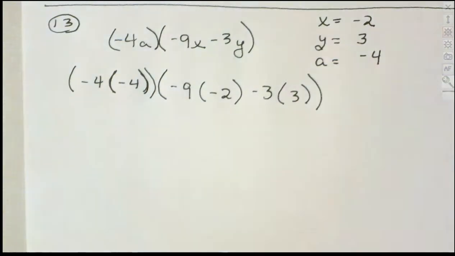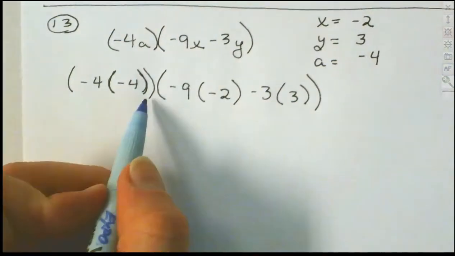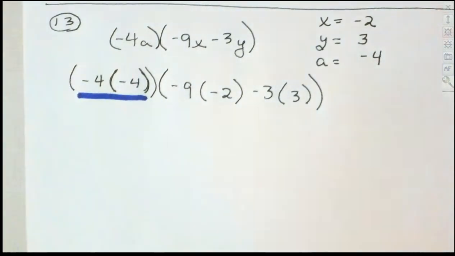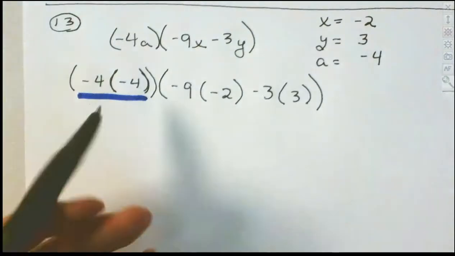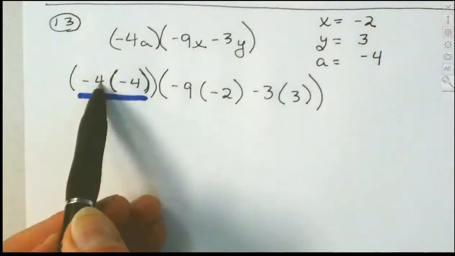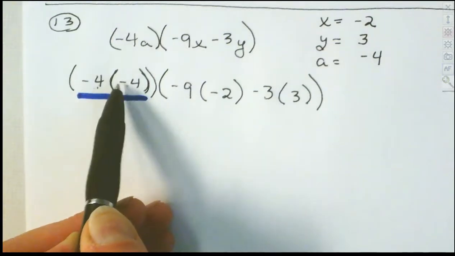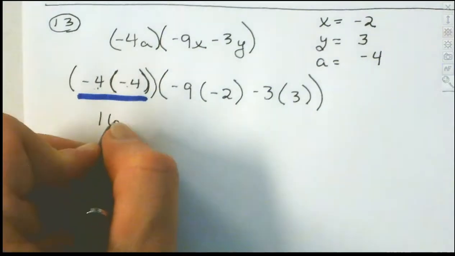Okay, we're going to do the first set here first. So we're going to work from left to right. And this is the first set of parentheses. Negative and negative makes that then a positive. So the first set we would multiply. Negative and negative makes it a +16.